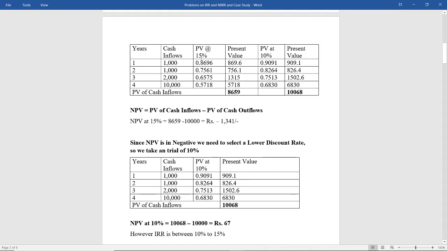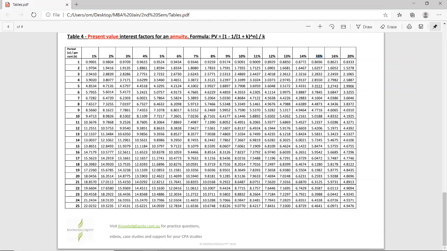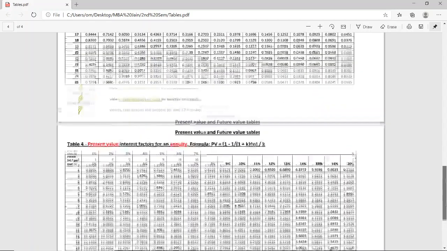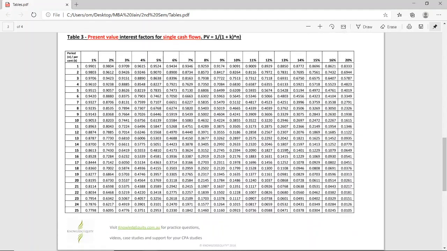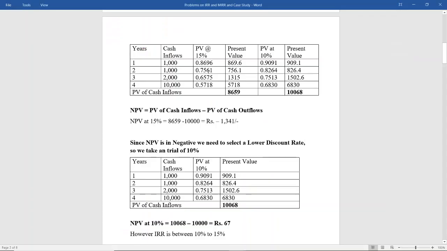You know how to calculate PV at the rate of 15%. It is a single cash flow, so again go to table number C. For 15%, for the first year, it is nothing but 0.8696. I've just substituted from the table. You all know how to check the table.